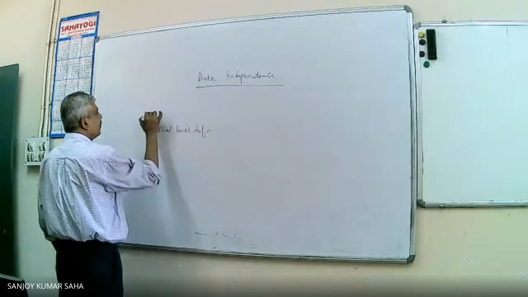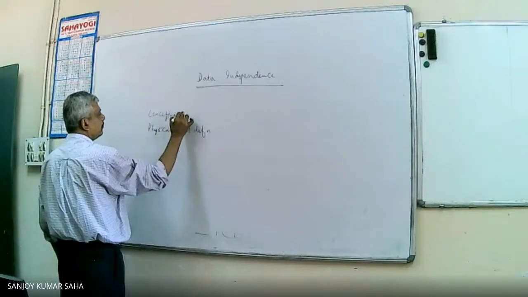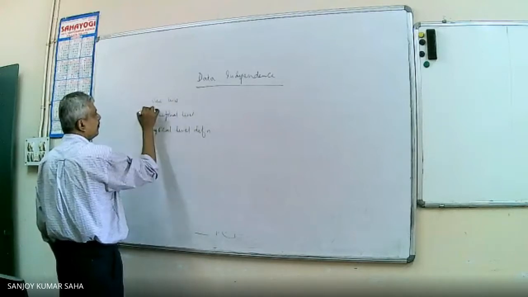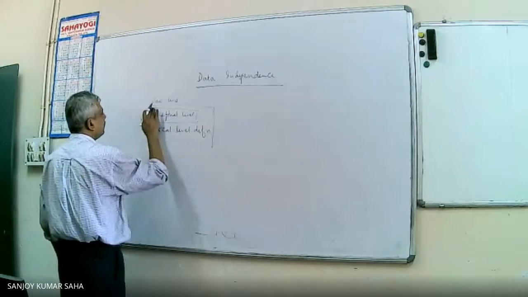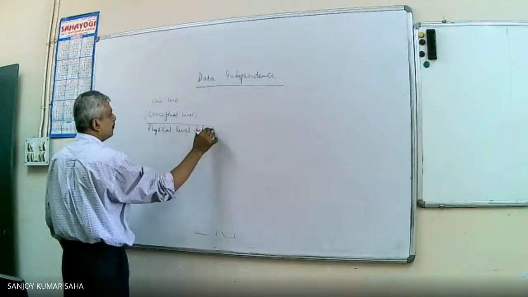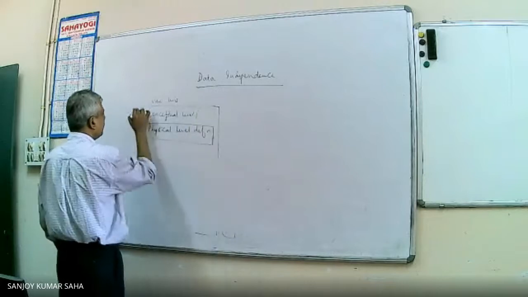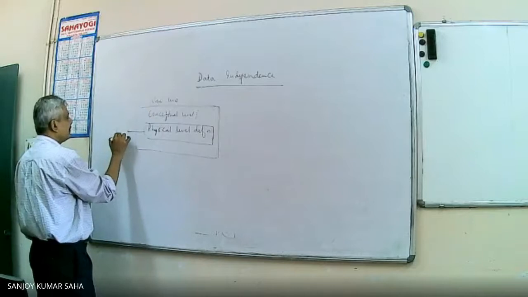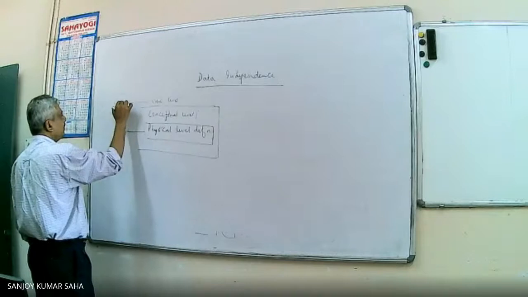On top of that, we have the conceptual level, then the view level. So this is the lowest level. This is the highest level. This is the intermediate level.